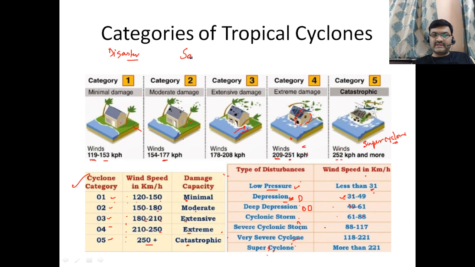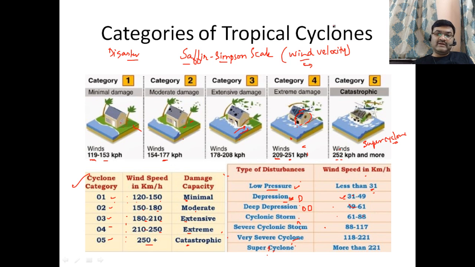This scale is based on the wind velocity, and this is going to indicate how destructive the cyclone can be. Okay, so like we measure the Richter scale related to earthquakes, similarly we measure this related to the cyclone on the Saffir-Simpson scale.